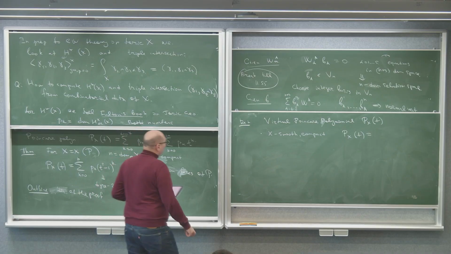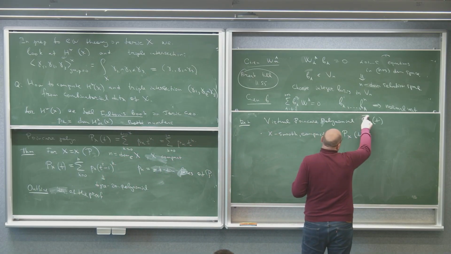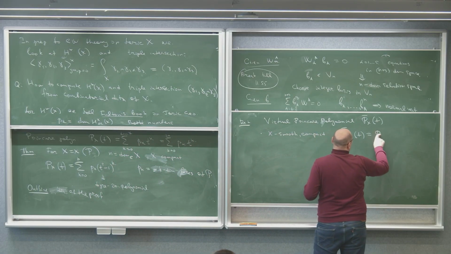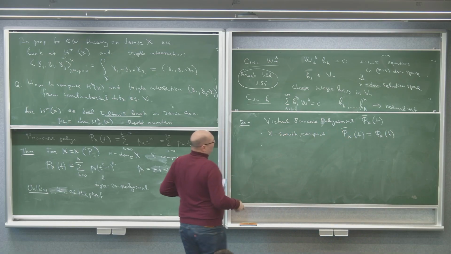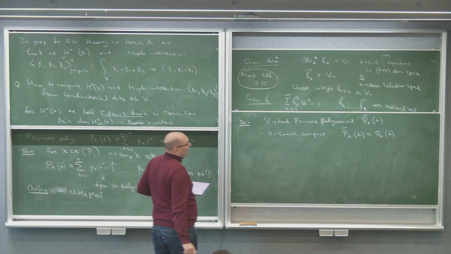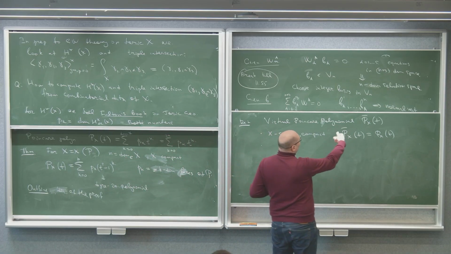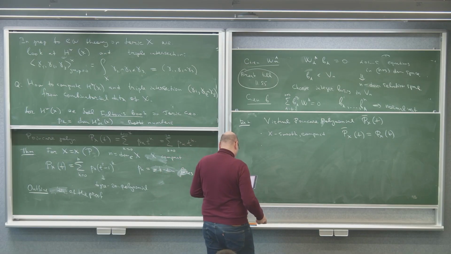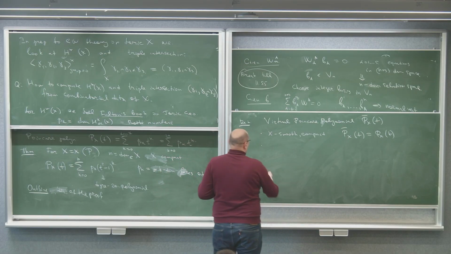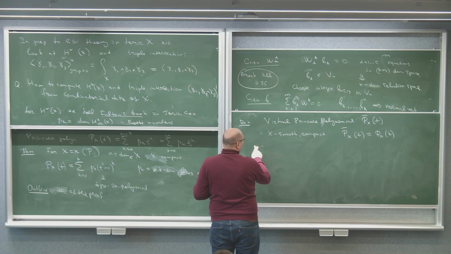So this virtual Poincare polynomial becomes the real Poincare polynomial. This idea of the virtual Poincare polynomial extends the Poincare polynomial away from the smooth and compact case, and to describe the extension he gave the following properties.